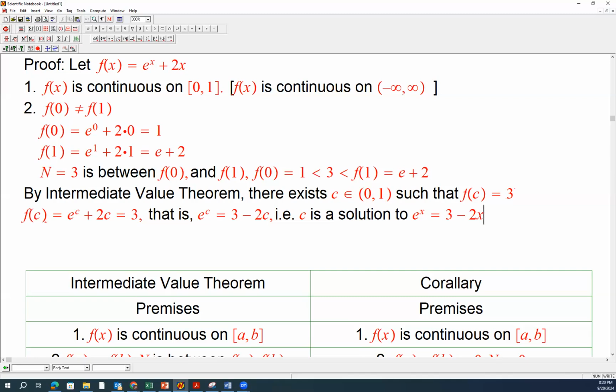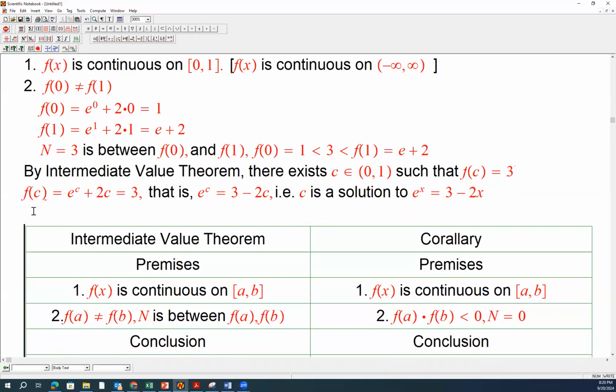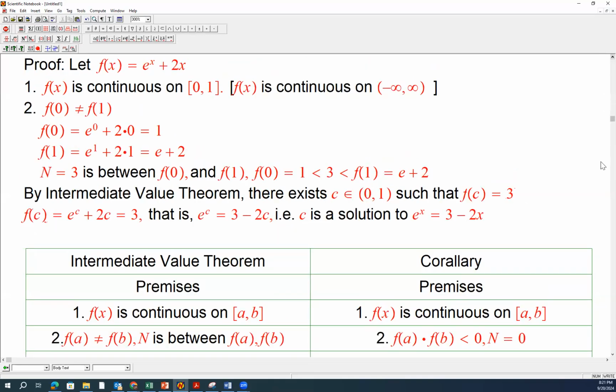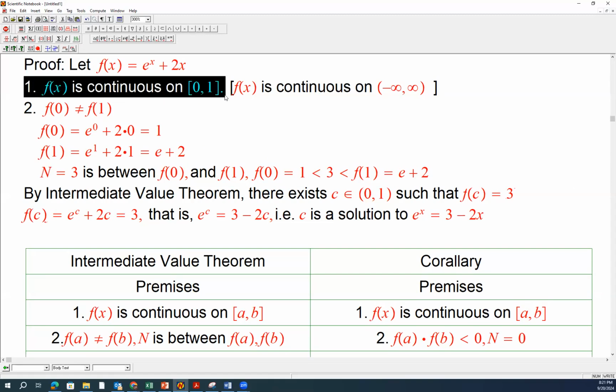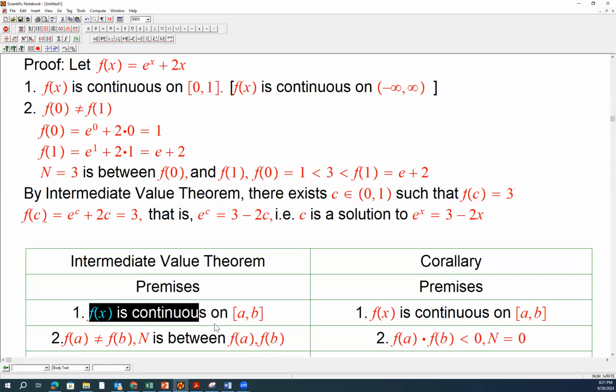So there's more than one way to do it, but which way do you like? In this case, it doesn't make too much difference as long as you have all the points touched, right? So what are the points we need to touch? Number one, you need to visibly show the reader you have guaranteed the function is continuous on the closed interval, as is required by the theorem.